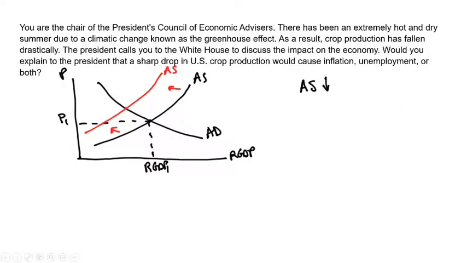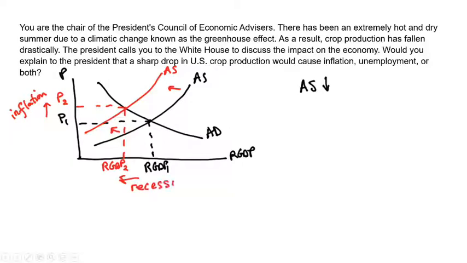At the new equilibrium, what happens to the price level? The price level goes up. The real GDP goes down. So what kind of problems do we have in this economy? Definitely we have inflation because the price level goes up. And also we see that the level of output falls. A decline in real GDP is called recession.